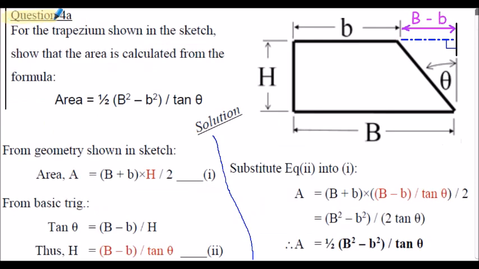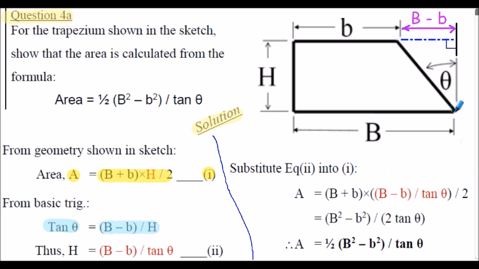Here's question 4a, the solution. So initially we generate an equation based on the formula for the area of a trapezium, shown here as equation 1. Next we use basic trig, the tan function here, tan of angle theta, to generate a second equation.